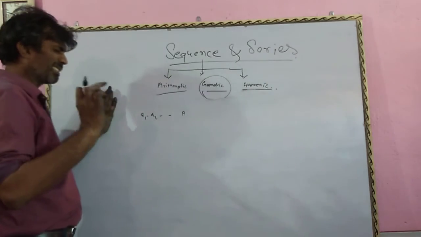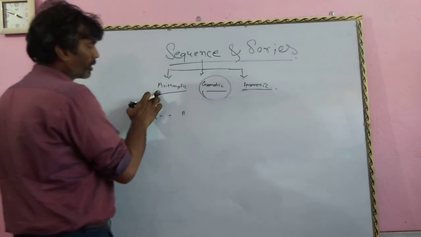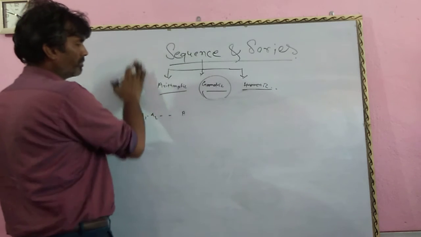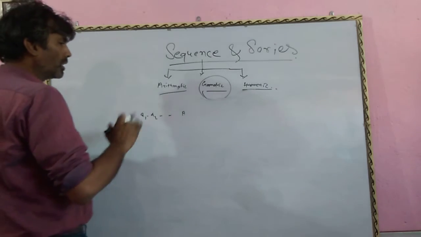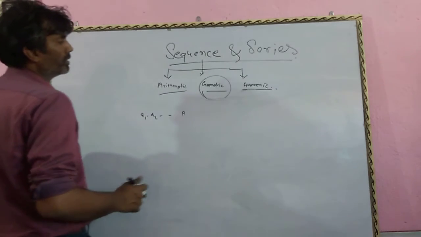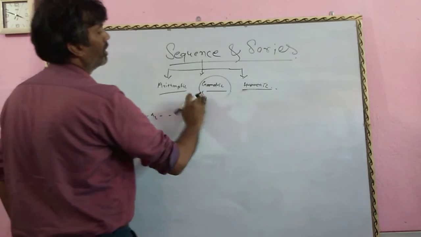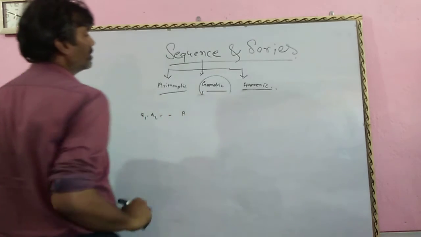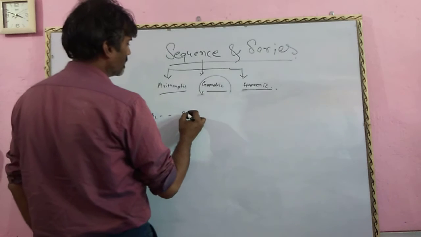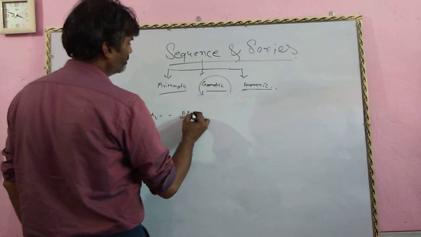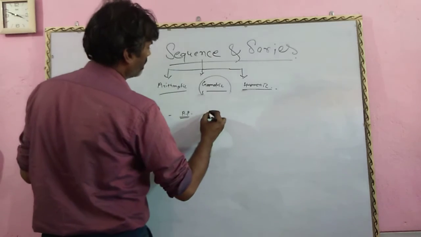Arithmetic progression and arithmetic sequence are both the same. How are they progressing? So you can see this is under arithmetic progression.